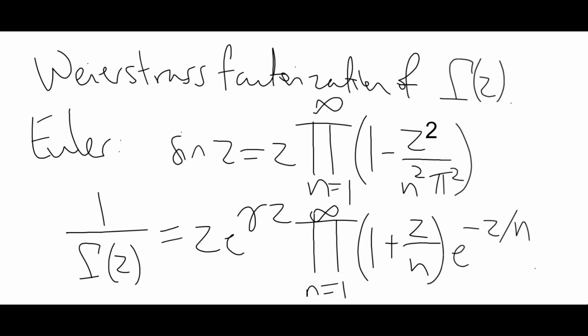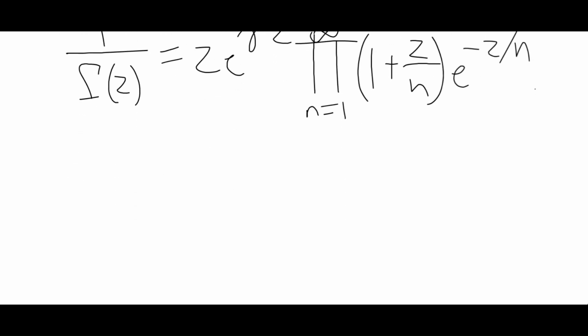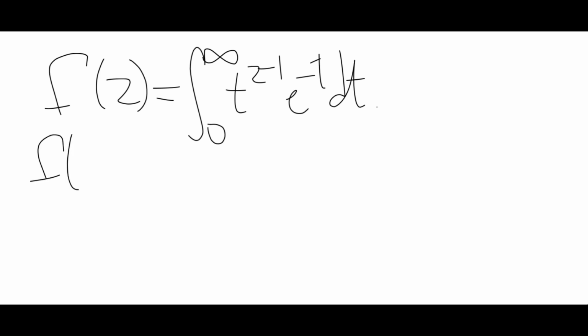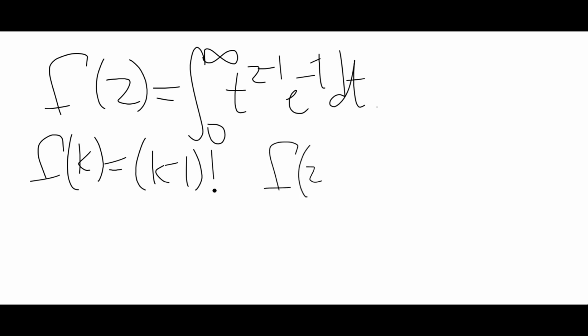So recall that the gamma function is defined in terms of an integral. And for positive integers, it's a shifted factorial function. And in general, gamma of z plus 1 equals z times gamma of z.